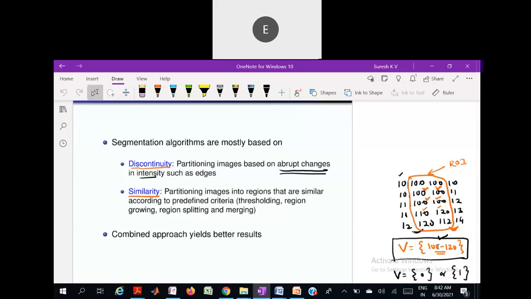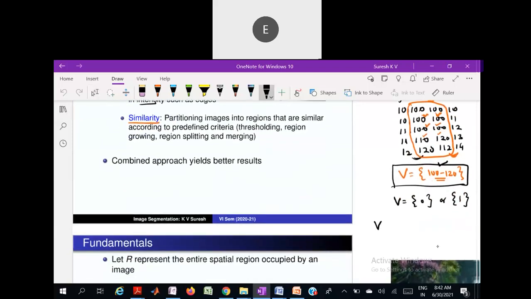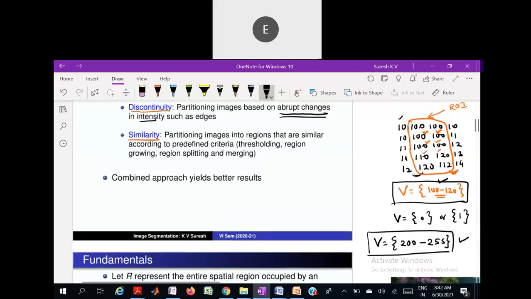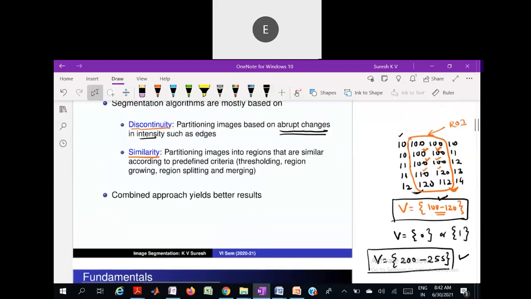So you may have to give a range, say all the gray level values between 200 and 255. If that lies in the range, that would be your cloud region. So I do this labeling, use this range, and based on that similarity I start segmenting. That is what is done in similarity.